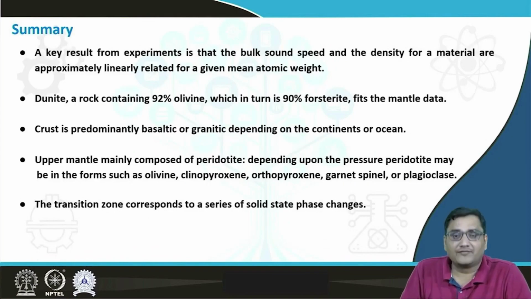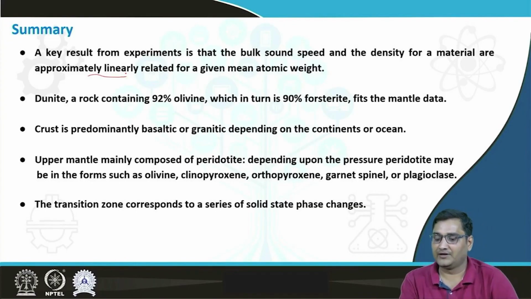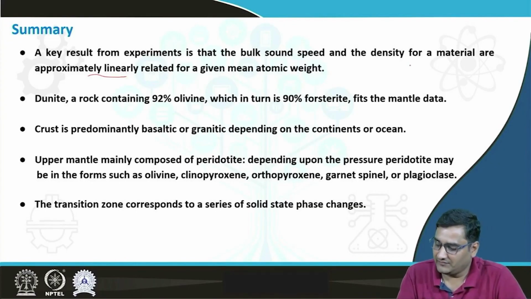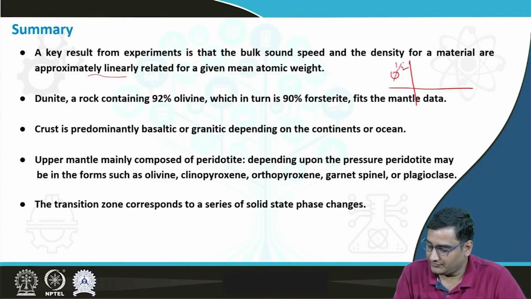A key result from the experiment is that the bulk sound speed and the density for a material are approximately linearly related for a given mean atomic weight. If you remember, we had a graph where we had the bulk sound speed phi to the power 1 by 2 on the y-axis, and there we had the density of the different minerals.